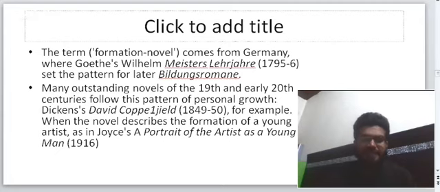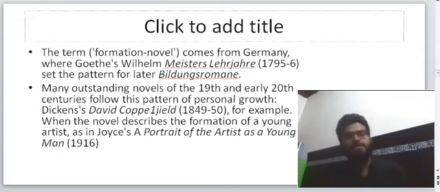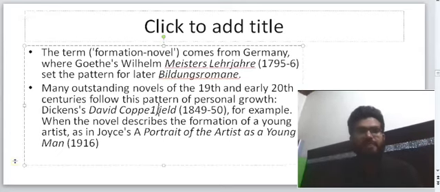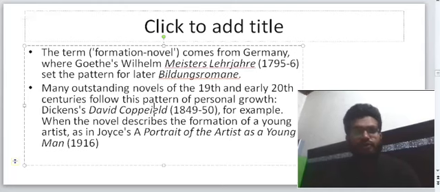So, basically this type of novel has started from Goethe's work. Many outstanding novels of the 19th and early 20th centuries follow this pattern of personal growth. For instance, Dickens' novel David Copperfield.